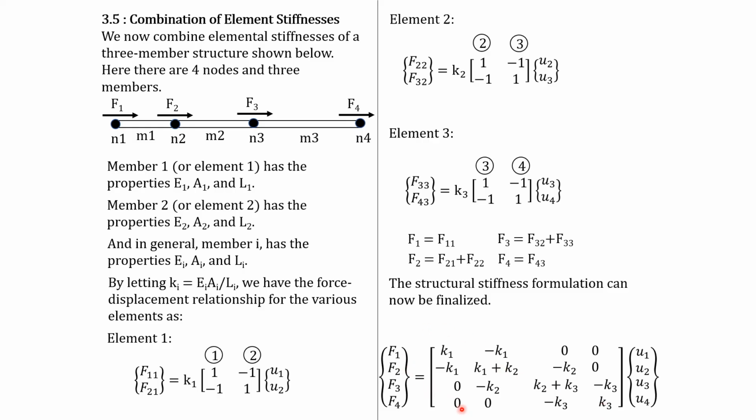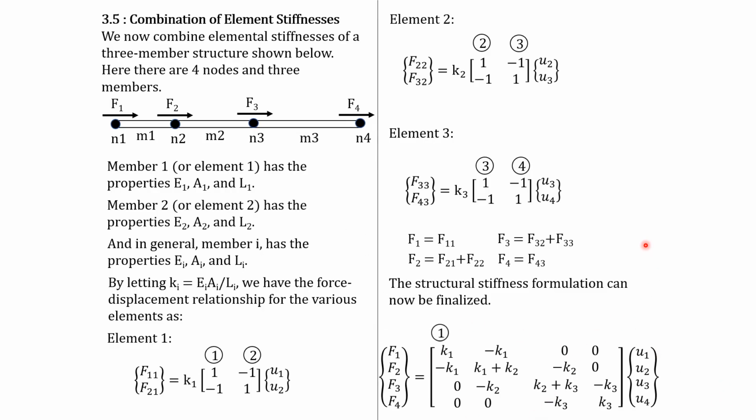Also observe how this matrix is being expanded, and I hope it is very clear here. If there is another element 4, for example, then you add another column here, 0, 0, negative K4, then K3 plus K4, then negative K4 here, negative K4 here also.